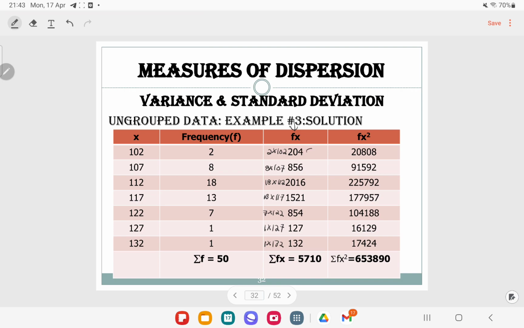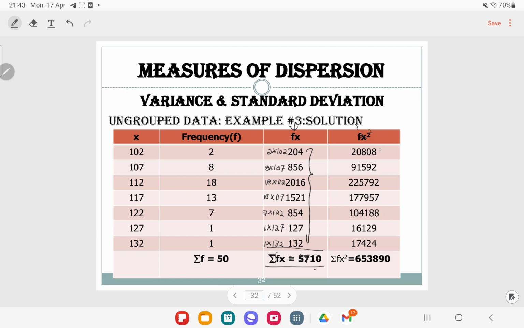So once you already get the value for each of the fx, next thing you have to sum it up until you get summation of fx equal to 5710. Next, you have to get the value of fx squared, the frequency multiplied with the x squared value.